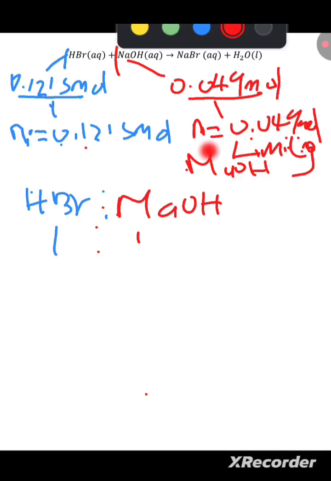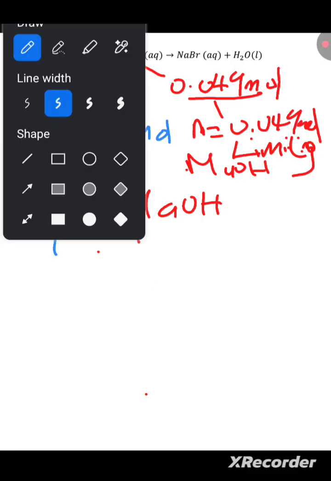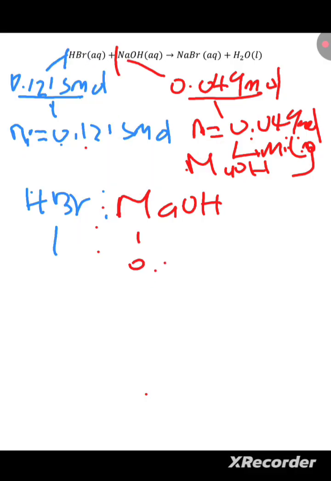Okay, so now this 0.049 moles will be cancelled by how many moles for the excess? We want to know the number of moles for the excess using ratio. Then we cross multiply. You can cross multiply, or you can say 1:1 means they are the same.